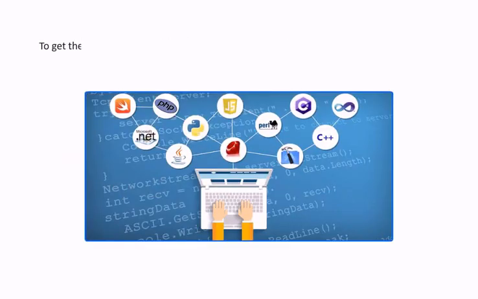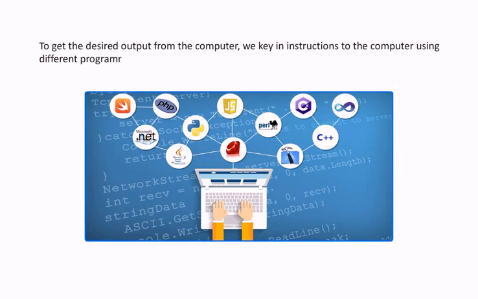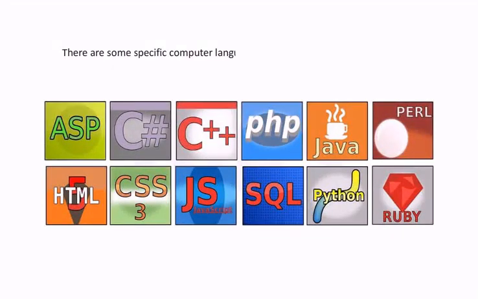To get the desired output from the computer, we key in instructions to the computer using different programming languages. There are some specific computer languages which are used to write programs.